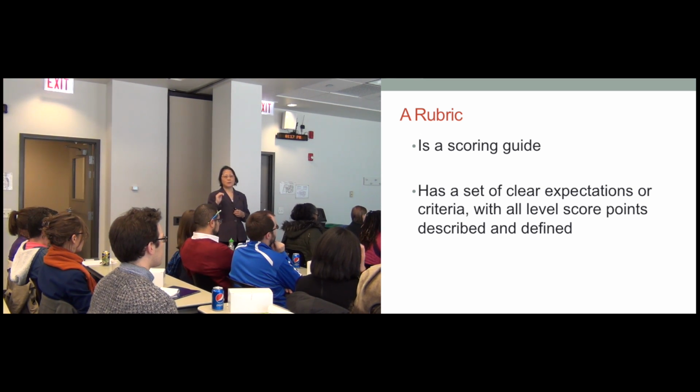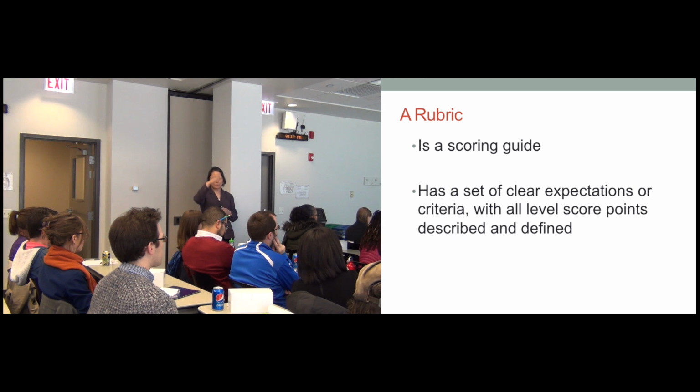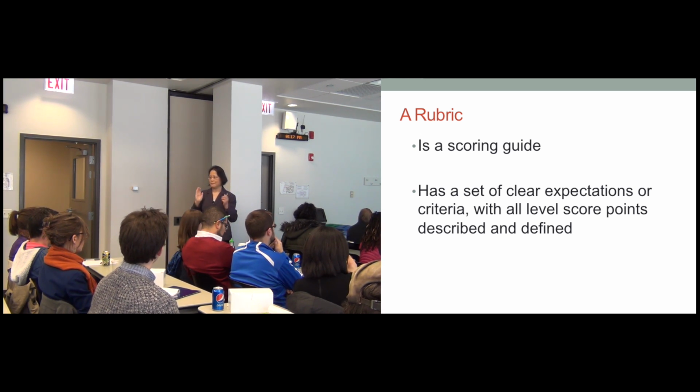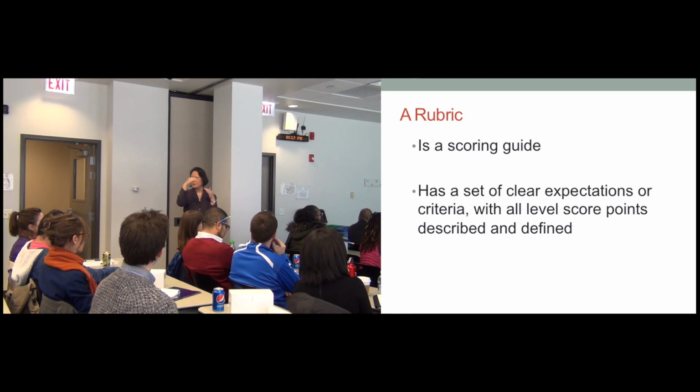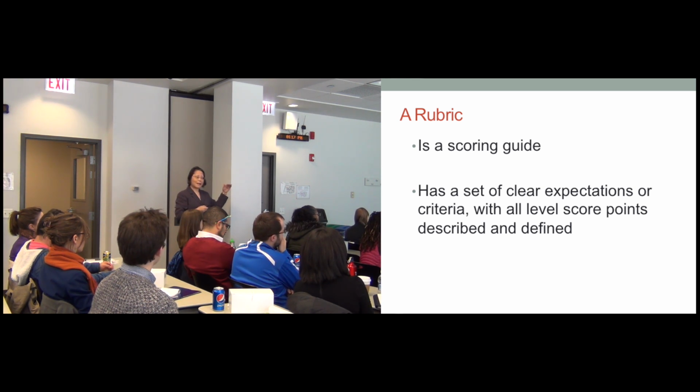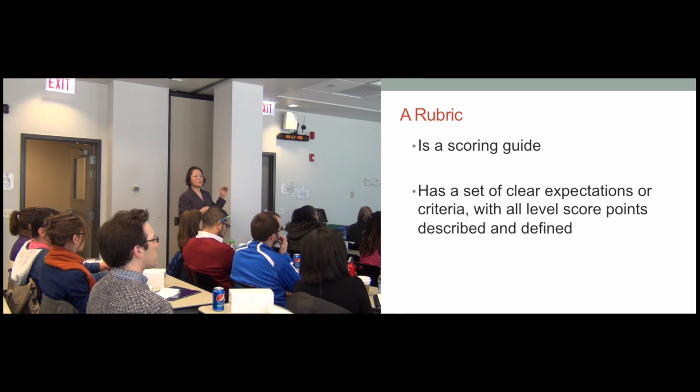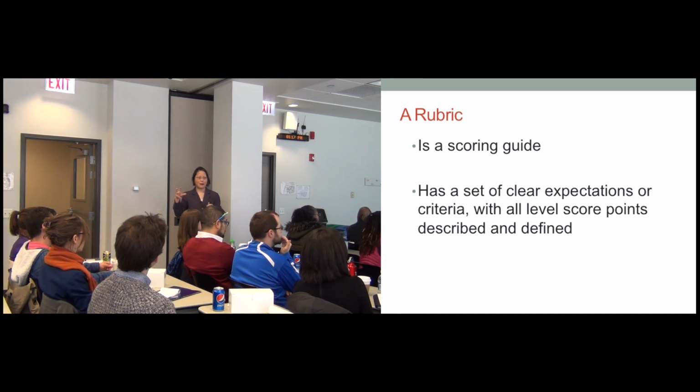Also we know that not all students will perform at a high level, and there is a lot of variability among students' performance. So we should be able to judge different levels of performance. We want to set up different levels of performance for meeting the criteria. So a rubric is basically a scoring guide with a clear set of expectations or criteria, and with all levels, score points defined and described.